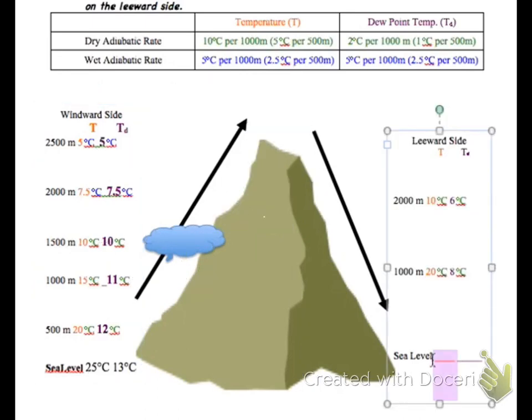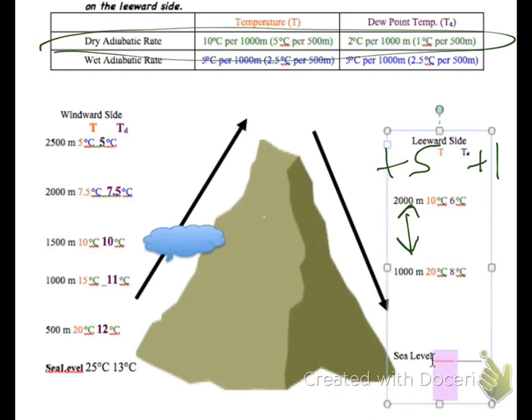And I started working on my numbers. Now notice I go down by 500 meters on this side. So I'm going to increase my temperature on this side by +5 on this one. And my dew point I'm going to increase by +1 because I'm dry. I'm going back to my dry rates. Now they're tricky because they jumped an entire 1,000 meters.